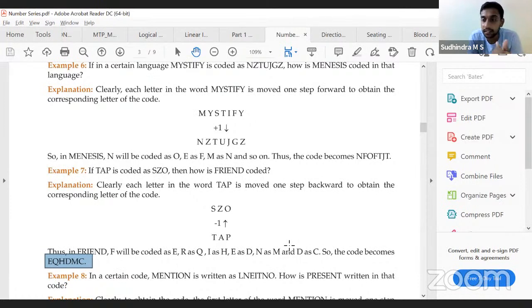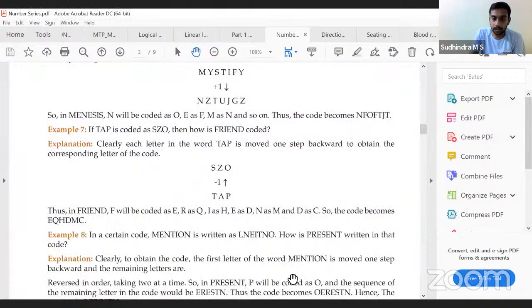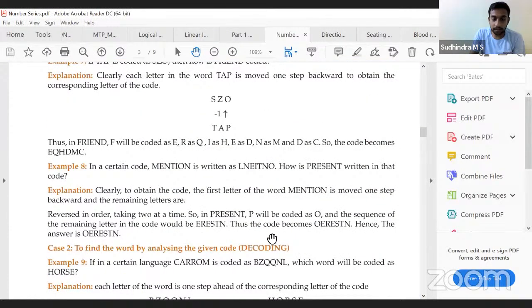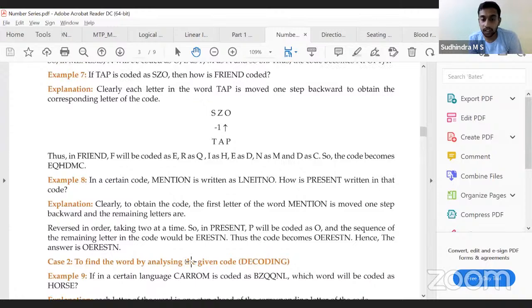Then the other 6 letters grouped into 2 each, interchanged among themselves. EN would be NE, TI would be IT, ON would be NO. So going with that logic, present would be coded as P, previous letter is O. Then we have ER, ES, TN. Correct. OERESTM.